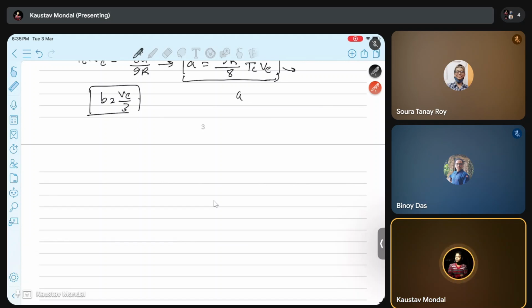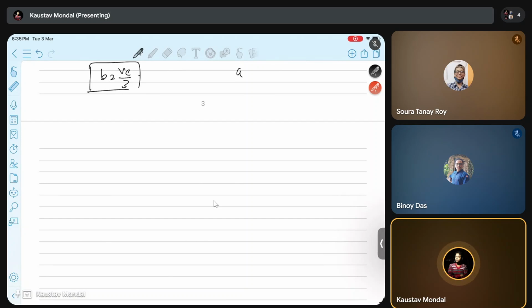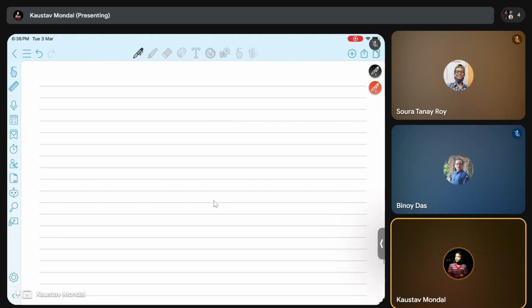First we'll only show it in terms of volume. There are two ways basically. You can write this virial expansion in terms of volume, and you can also show it in terms of pressure. This is not so difficult a way.